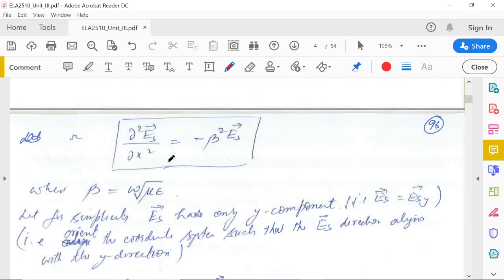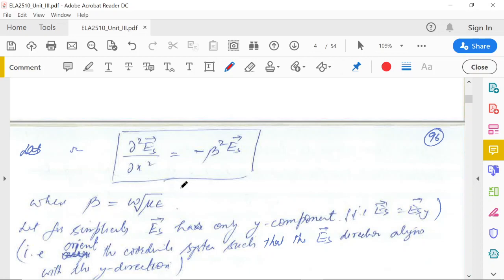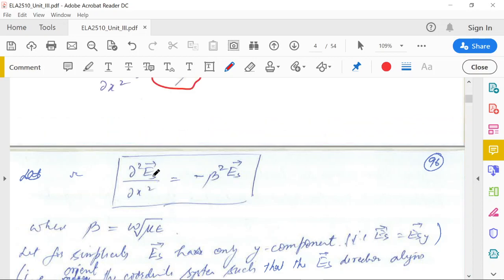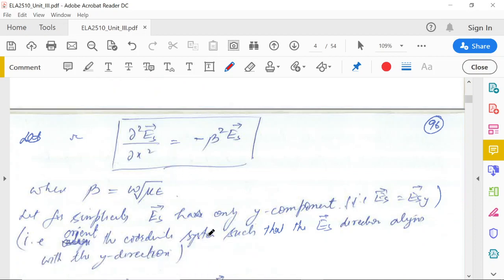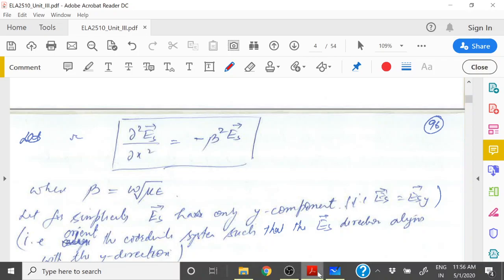And the next thing is, for simplicity, we have seen that Es is independent of y and z, it is only a function of x. Second, the x component is 0, so we have only two components, y and z. To further simplify, we can assume that the z component is 0 and only E is along the y axis.